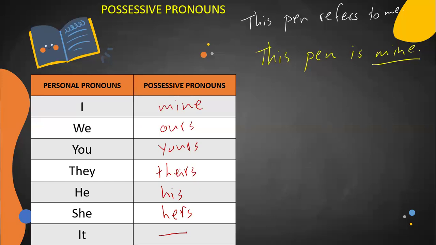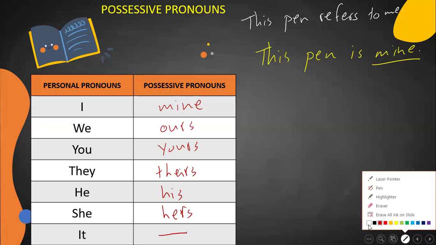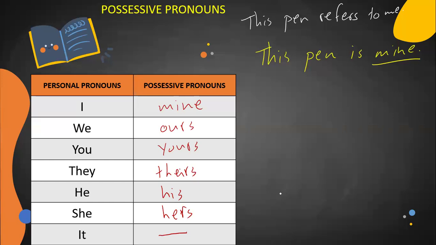We have 6 possessive pronouns in English: mine, ours, yours, theirs, his, and hers. Here is another example to make everything clear.